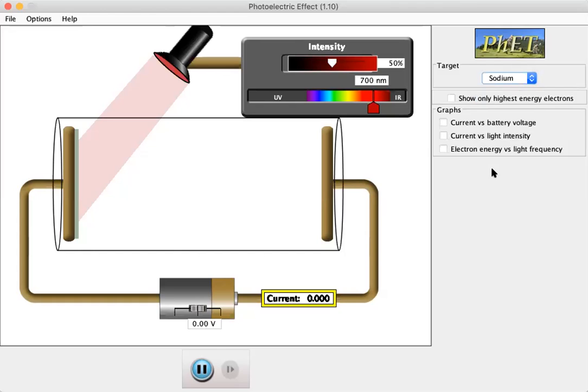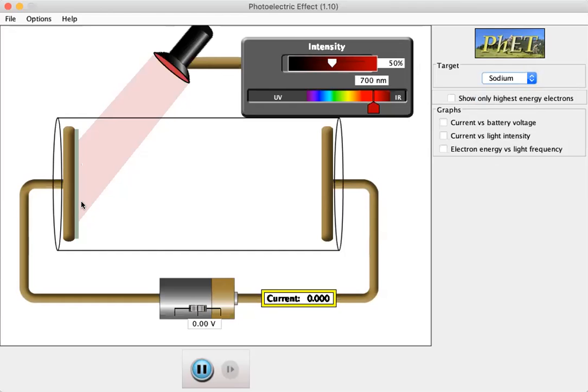Okay, so let's start with red at a wavelength of 700 nanometers. I am setting the intensity of light to 50%. You can see that no electrons are ejected from the metal surface.